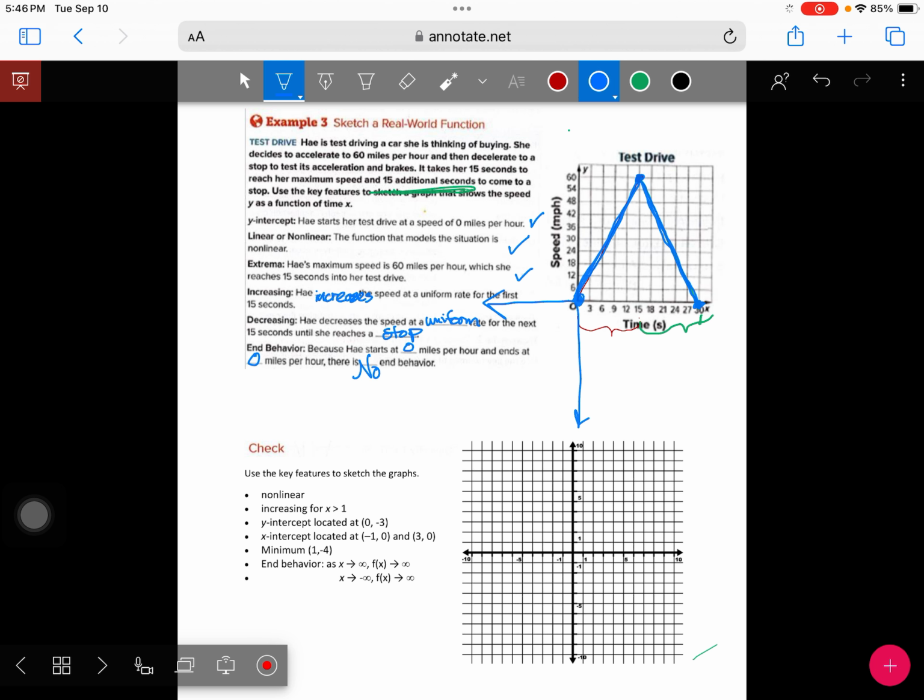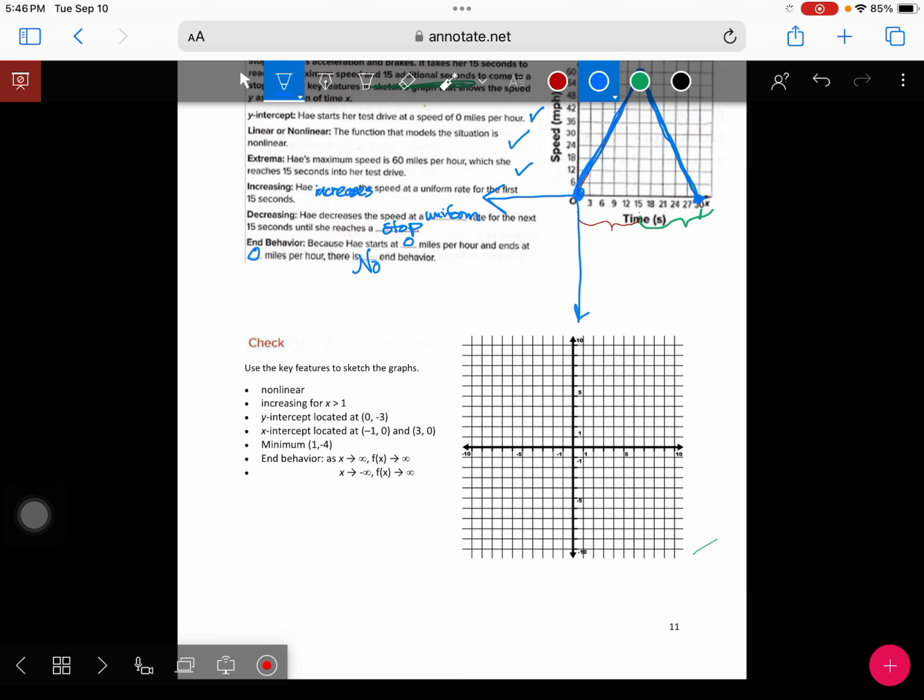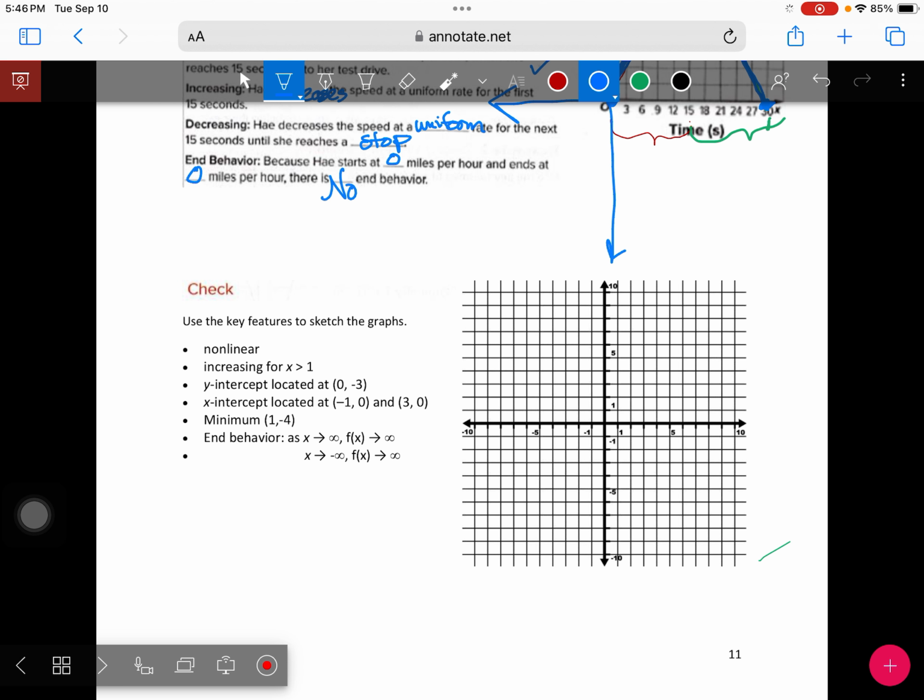Okay, and it's not a linear function, so it's not staying on the same amount. So the end behavior, there is none. Okay. All right, last one, the check. So this is kind of for you to try on your own. So you can pause this now and try to do the check on your own.